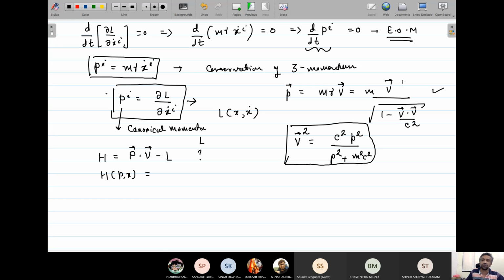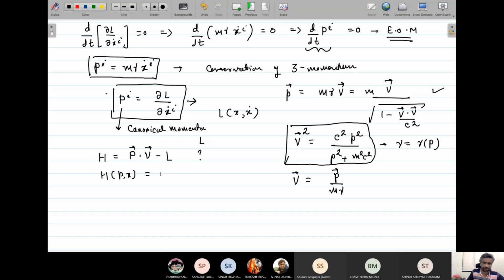Then you substitute. Vector v will be equal to vector p divided by m gamma, and gamma we can write as a function of p. Your job is to write v as a function of p. I have written v square here, not v. So you use this relation to calculate gamma, and once you know gamma, you substitute here, so v is known in terms of p.